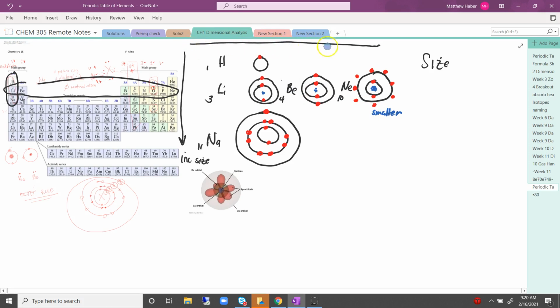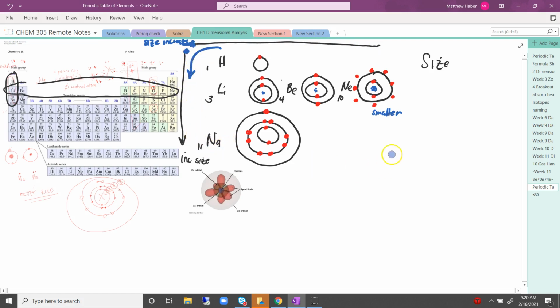As you go from left to right, the size decreases, or you can also think of it the other way: as you go from right to left, the size increases. So think of this as the fulcrum here on the upper left part of your periodic table. You notice the trend as you go counterclockwise, right to left, top to bottom, the size actually increases.